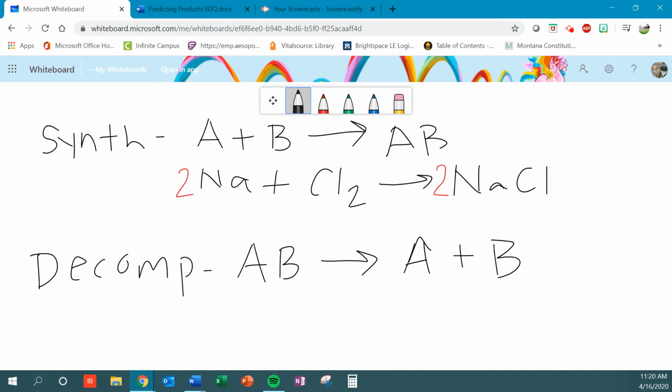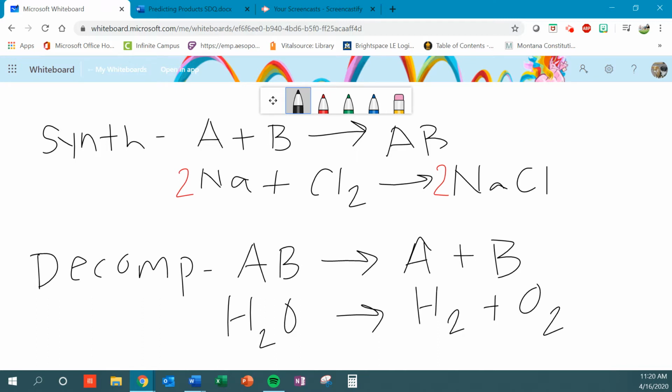And so, exactly the opposite of this, we could take salt and break it down into sodium and chloride. We can take water and break it down into the separate gases. And remember, same with chlorine, H and O are part of those diatomic molecules that can never exist alone in nature. And so we have to write them like that.